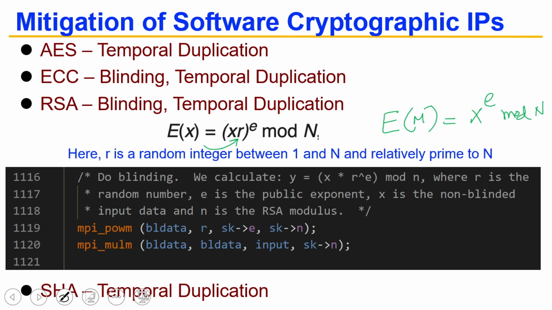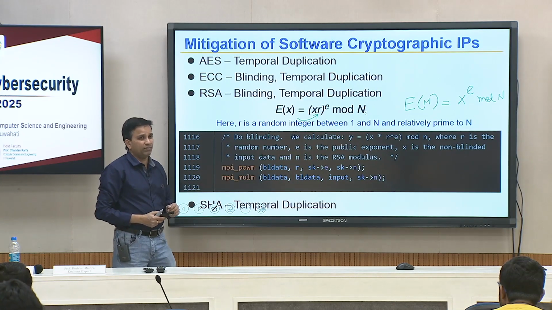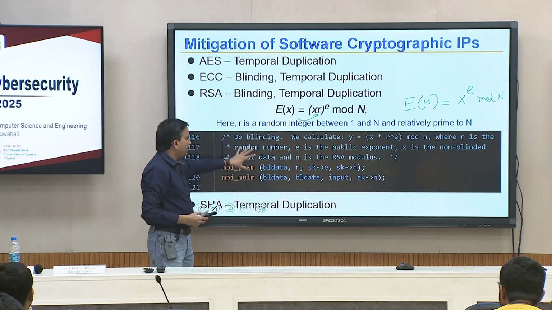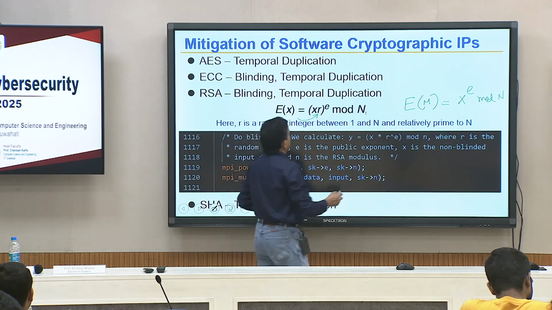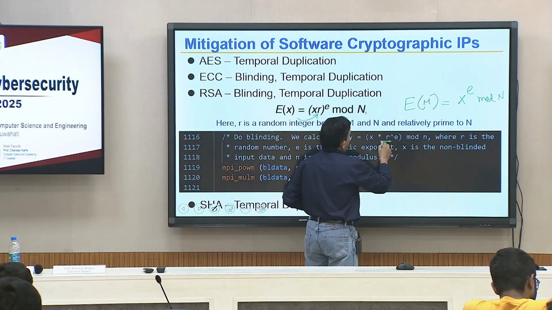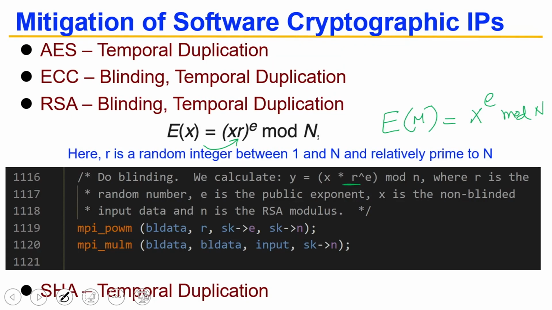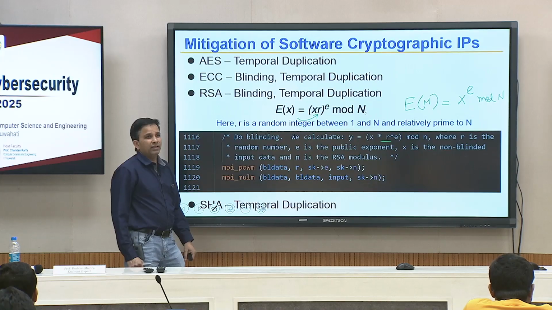First of all, it has to be a random number between 1 and n, and it has to be relatively prime to n, just to not violate any of the characteristics of the RSA algorithm. And if I implement that in software, this is exactly how it would look. You are just basically going to introduce this R there, right. And by using the existing library and functions, it is actually a simple one or two line code addition, and that would be your mitigation for the software.